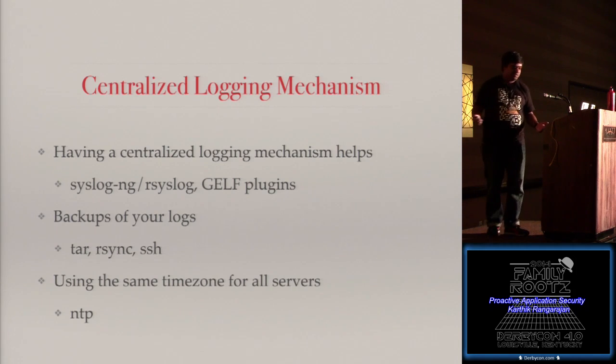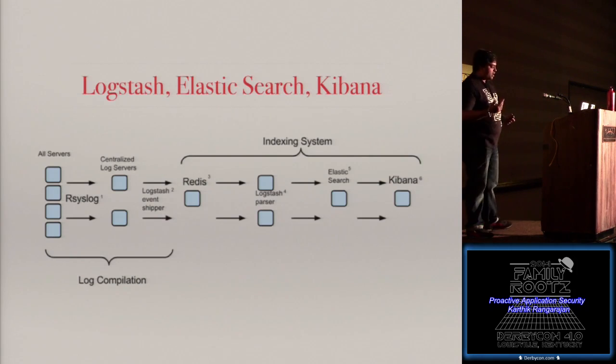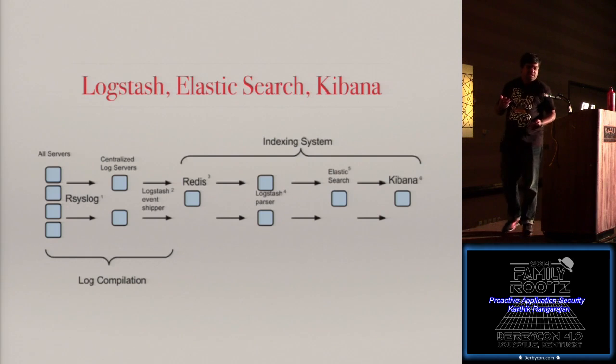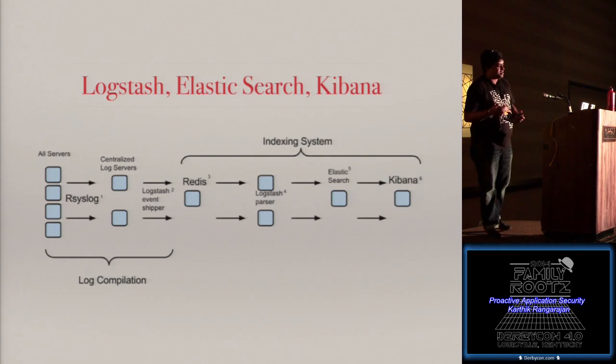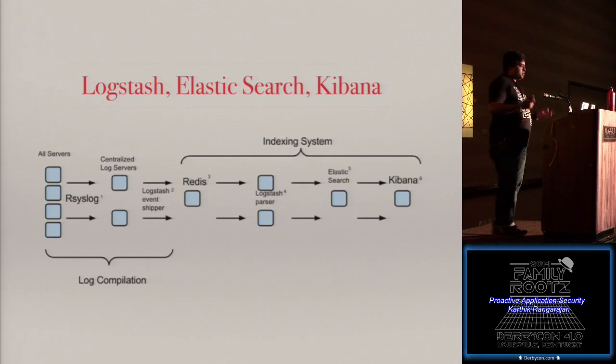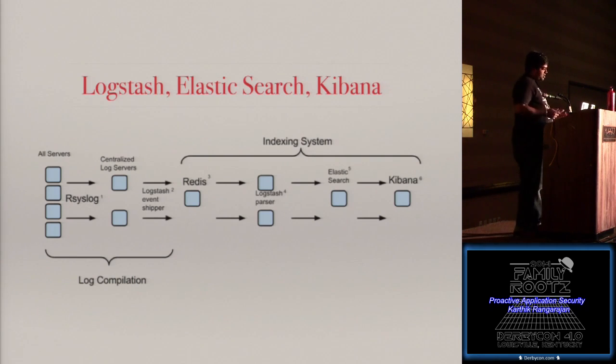So, one easy way to access your logs and get them in a single place is obviously rsyslog, but also having something like the trio of Logstash, Elasticsearch, and Kibana. This is, again, open source. They collect, parse, index, and search logs.